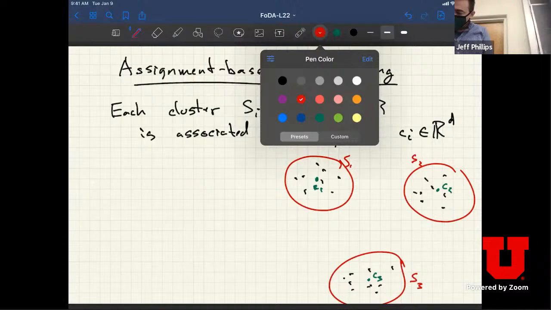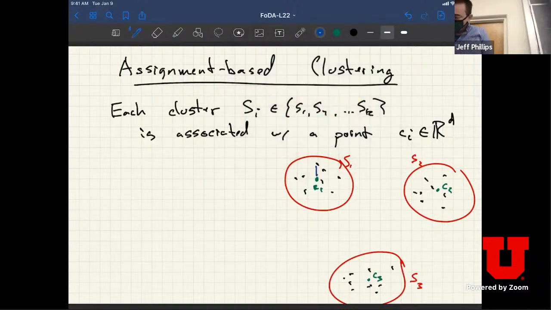And what's nice about thinking about it in this way is that I can then think of going from a data point to the center. So let's say this is X1, or Xi. Then this blue line here is the residual R_i. This residual is going to be the distance from Xi to its assigned center, C1 in this case.